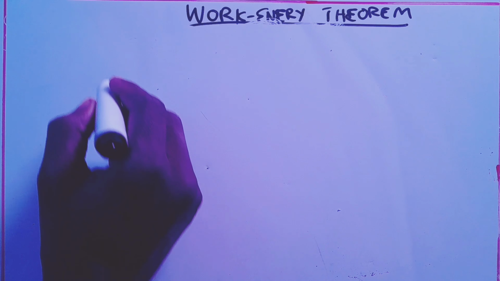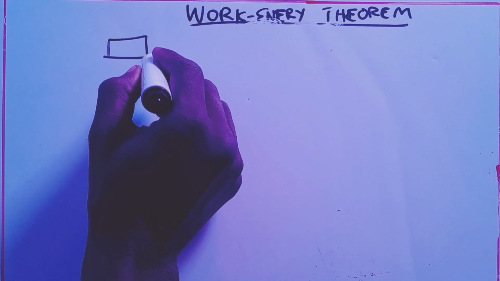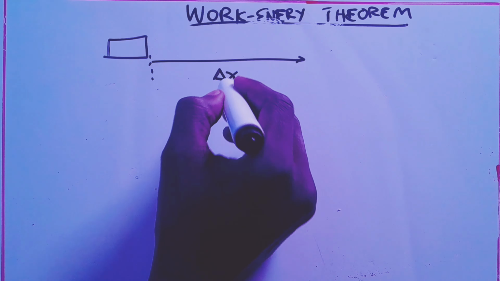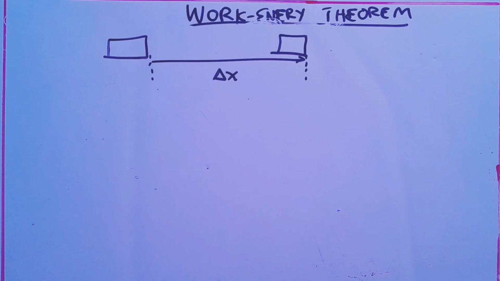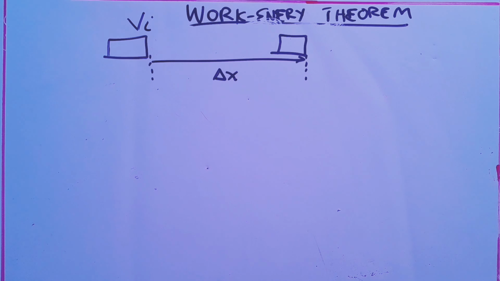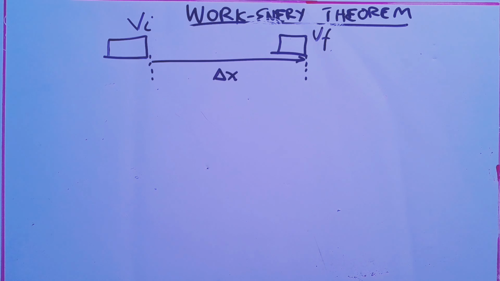So let's take it that we have an object that is here. Work is done on this object, and then it moves this displacement, and then it is now here. So we know that this object had an initial velocity there, and when it gets there, it will have the final velocity, regardless of what the initial or final velocity is.